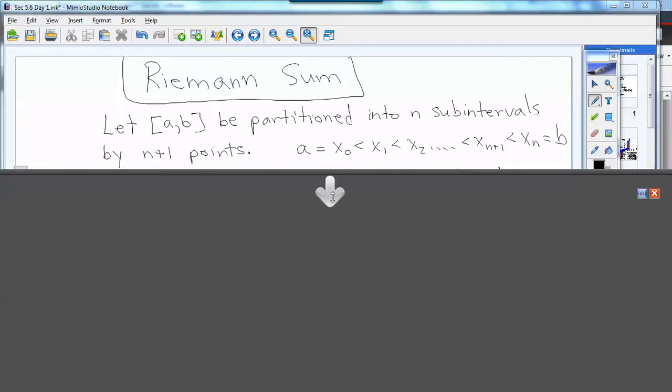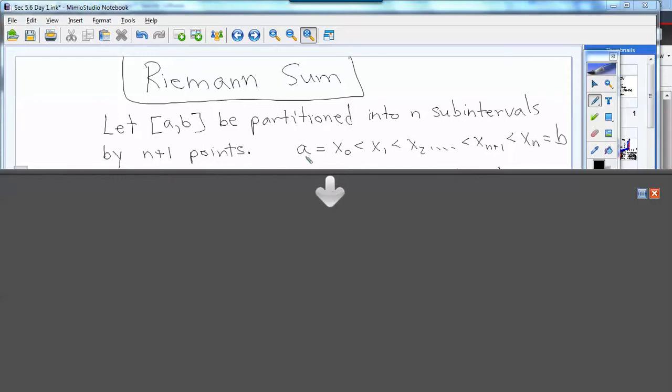So if I divide 1 to 3 into 4 subintervals, that's 1, 1.5, 2, 2.5, 3. With 4 subintervals, I'd have 5 values, the left edge and the right edge also. There's always 1 extra point, so that's the n plus 1.